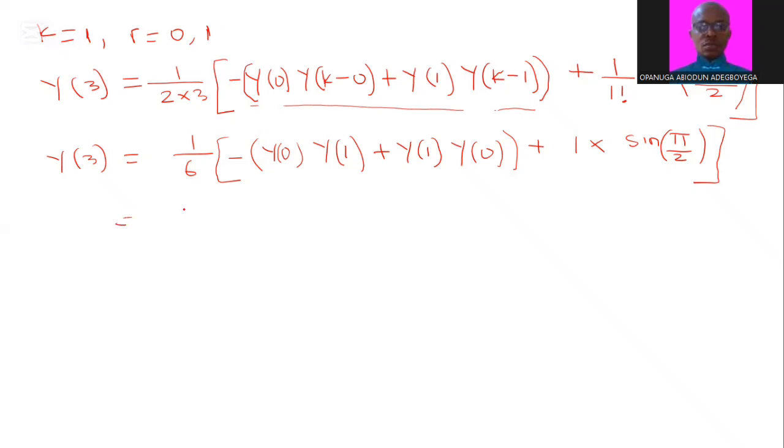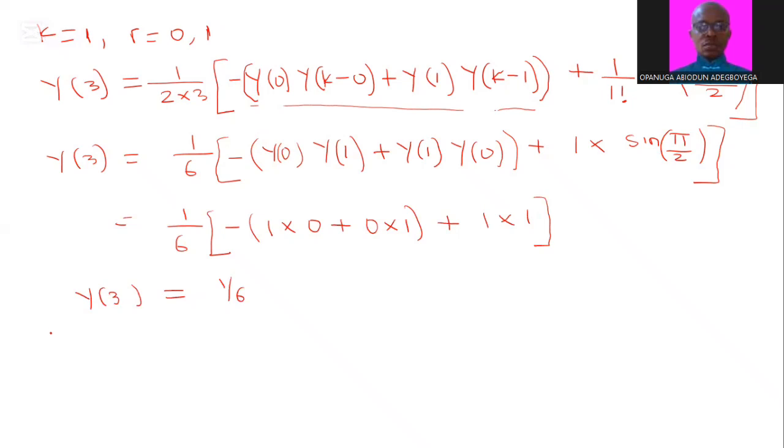Then this gives us 1 over 6 into negative y of 0, as usual, from our initial conditions is 1, y of 1 is 0, plus 0 times 1 plus 1 times 1. So simplifying that, y of 3 is going to give us 1 over 6.